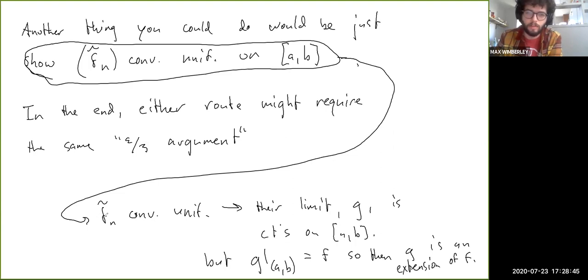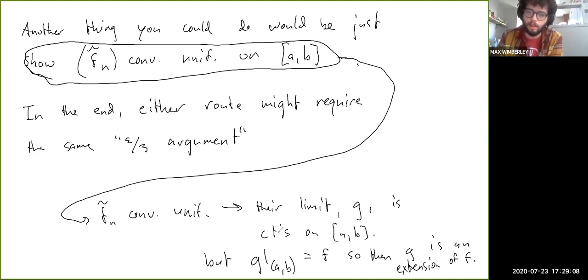So the idea is, this is just a new sequence of functions, right? Anytime you have a sequence of continuous functions that converge uniformly, their limit, whatever it might be, is continuous. If we forget that we even knew about the function f in the first place, the f tilde converge uniformly, so they have some limit function, which I'm calling g.